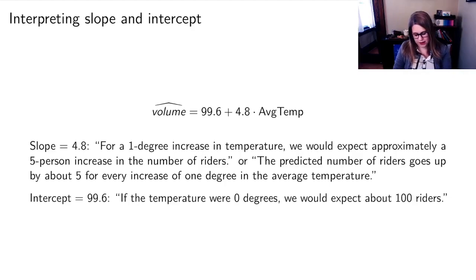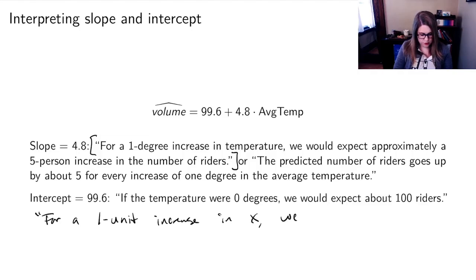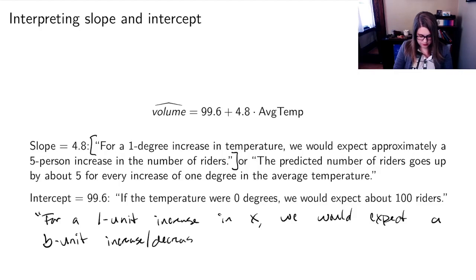So I will write out the generic sentence that I'm using as a recipe. My generic sentence is: for a 1 unit increase in x, we would expect a b unit increase or decrease in y.